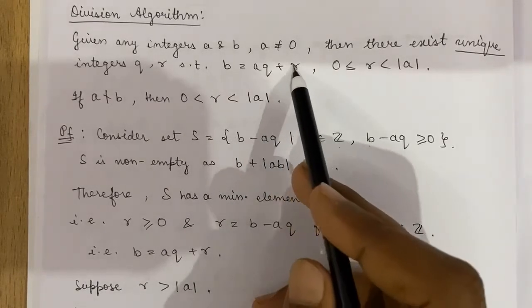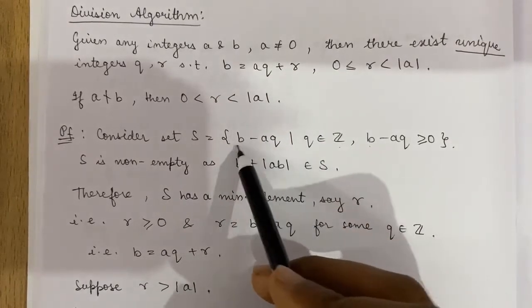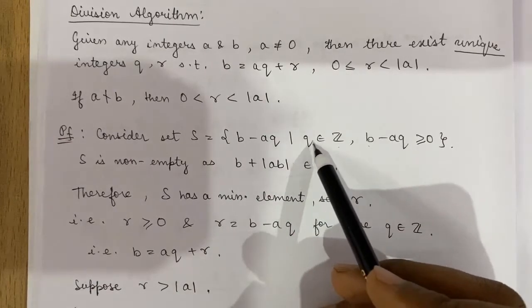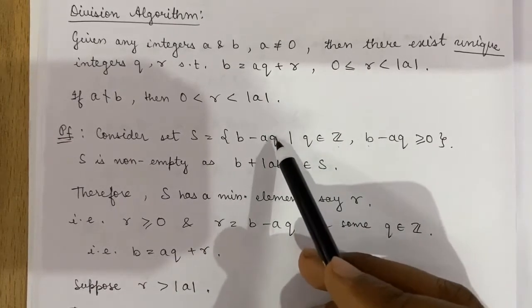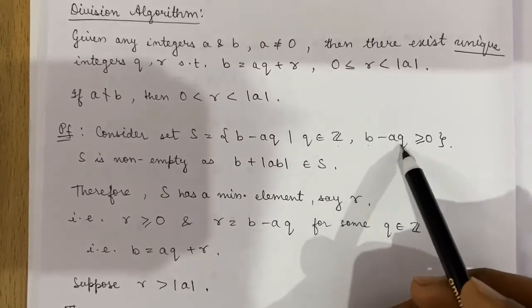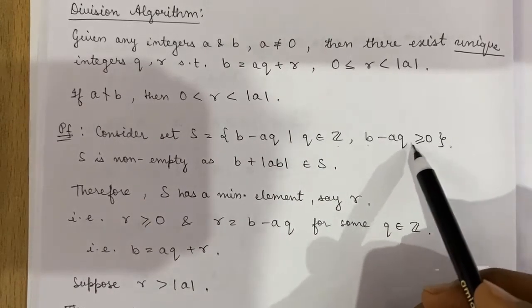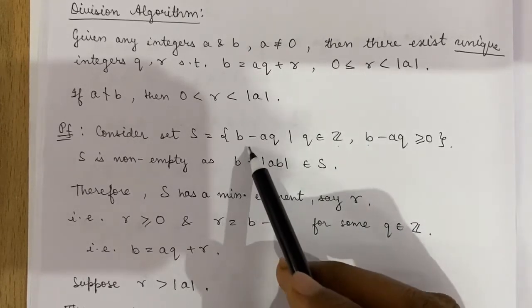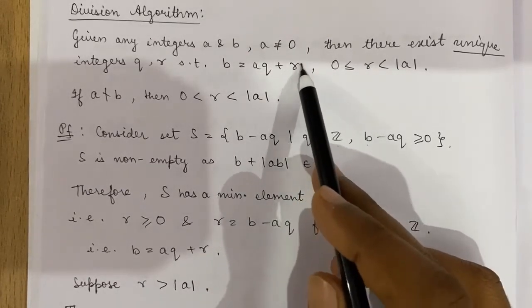So we try to collect all the remainders in this set, and q is an integer, so this is the quotient. We want the quotient to be an integer, and b minus aq greater than or equal to 0. We want to consider the positive remainders. We don't want this r to be negative.